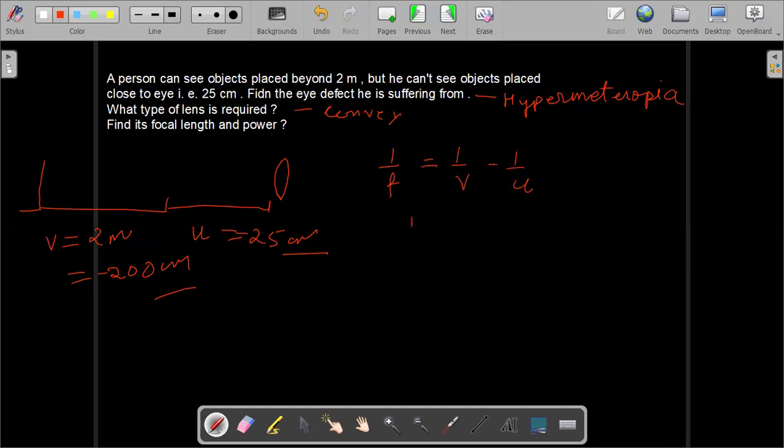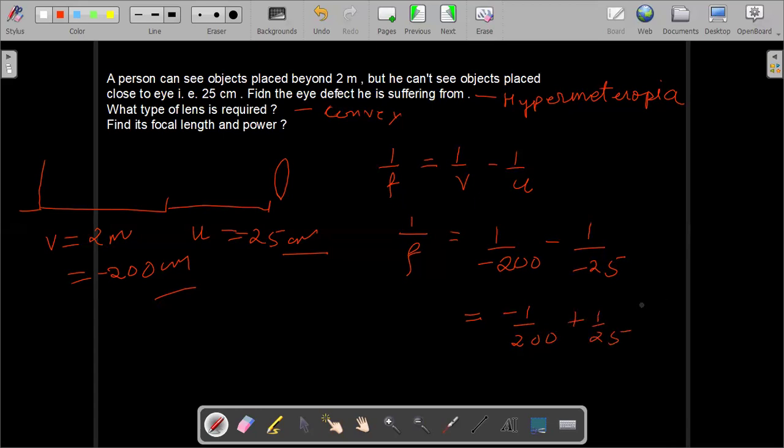So 1 by f equals minus 1 by 200 minus 1 by minus 25. You can solve this to obtain the focal length, and you should be getting a positive focal length. This is minus 1 over 200 plus 1 by 25.